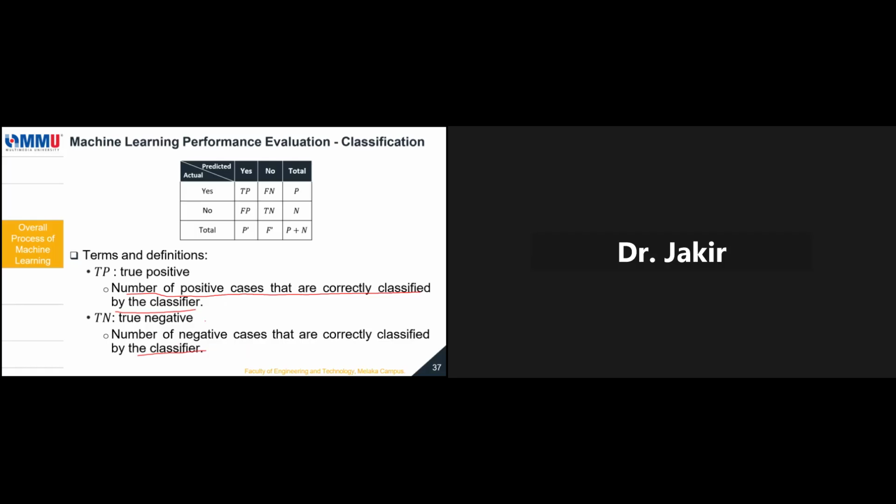False positive is the number of negative cases that are incorrectly classified as positive. And false negative, the same thing here, is the number of positive cases that are incorrectly classified by the classifier.